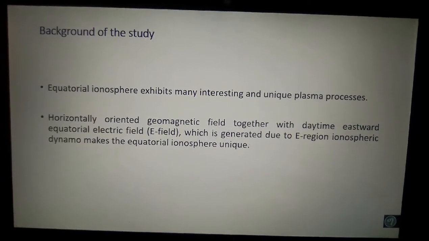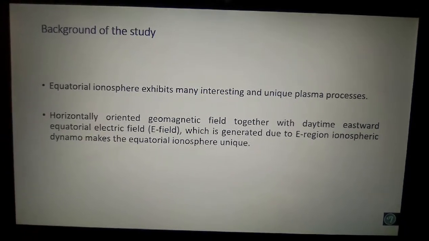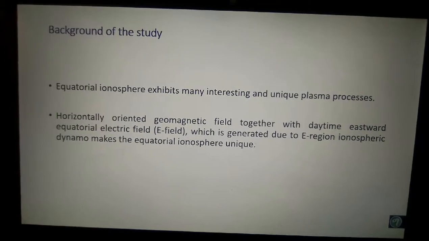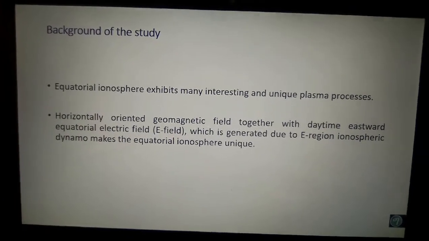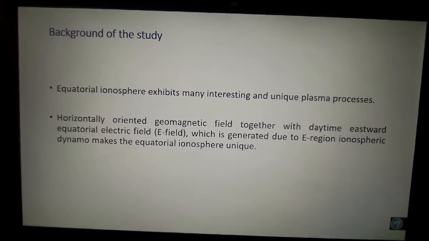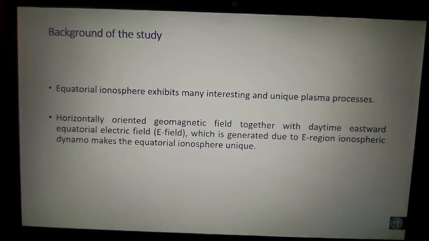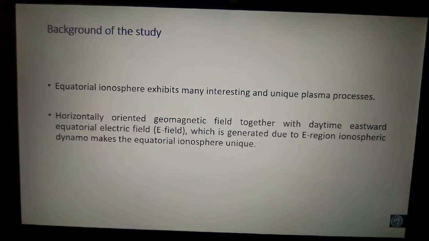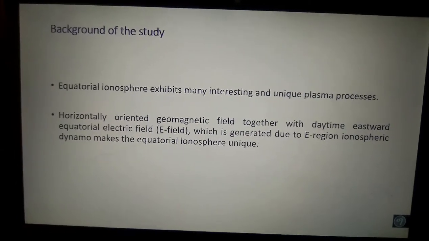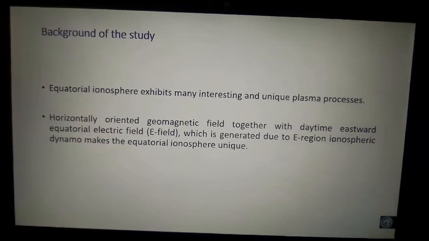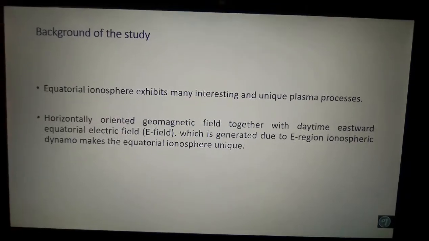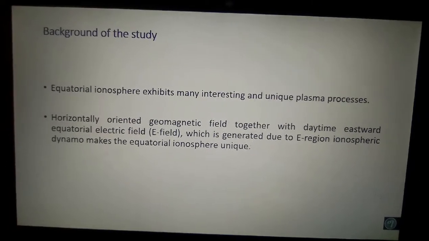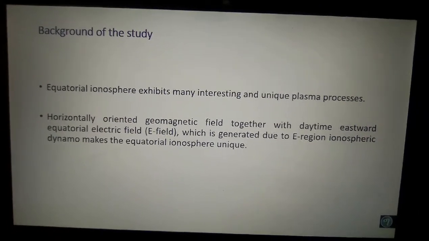Especially in the equatorial region, the Earth's magnetic field is mostly horizontally oriented, and the interaction of this horizontally oriented magnetic field with the electric fields produces vertical motion of ions and zonal motions of ions.